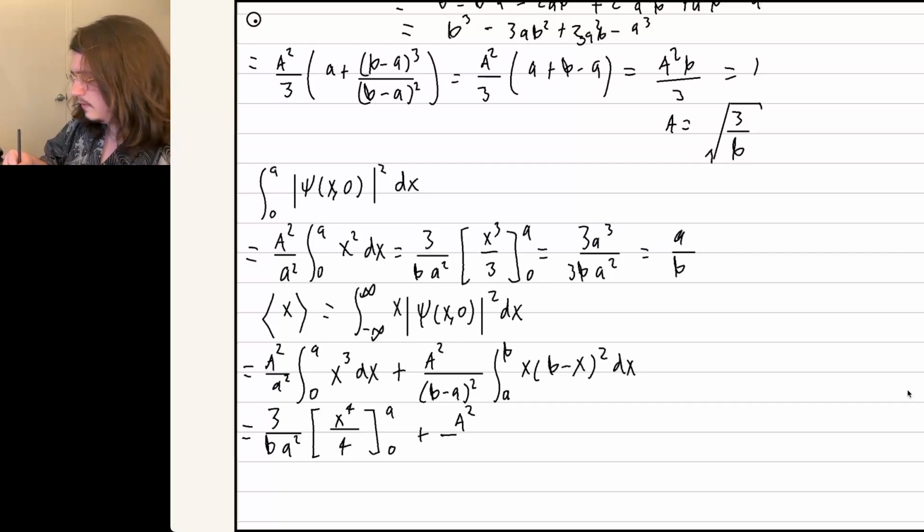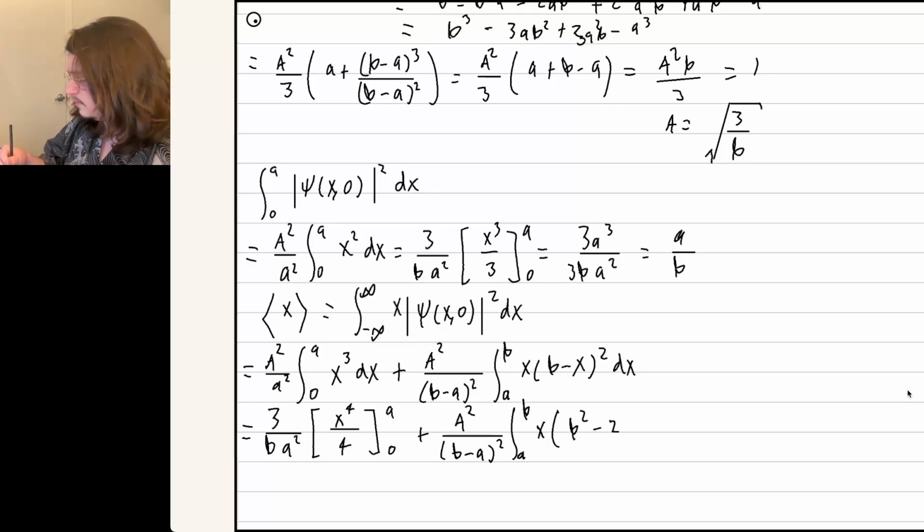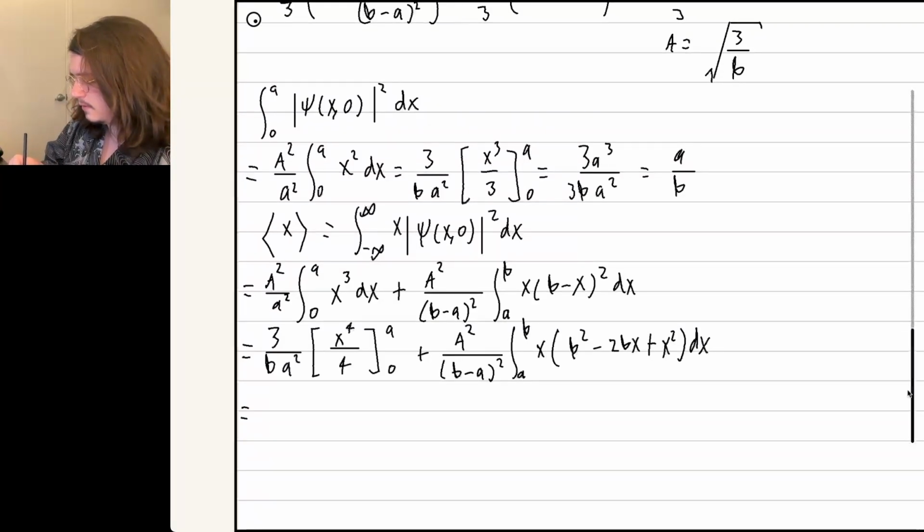This one, going to expand the polynomial, so b squared minus 2bx plus x squared. Going to apply the bounds to the first integral, so it's going to be a fourth over 4.